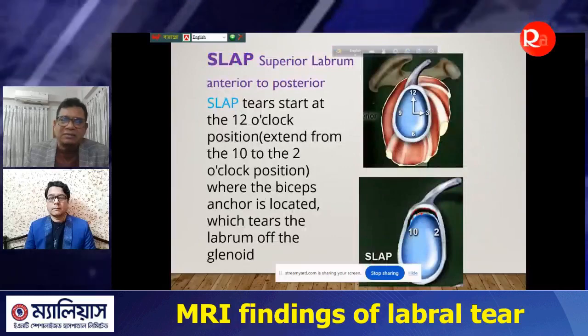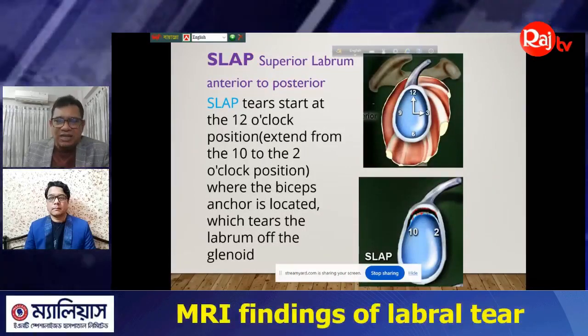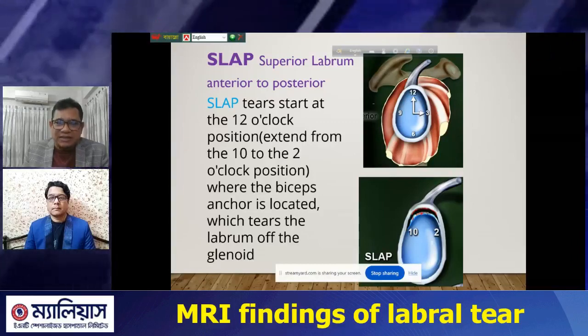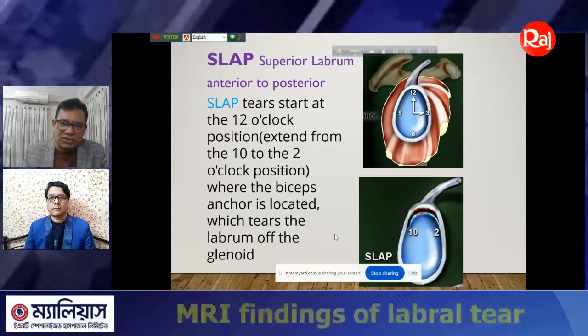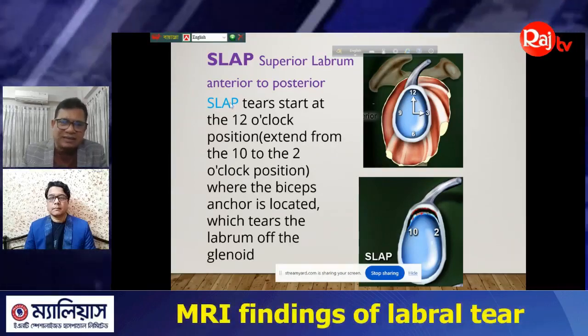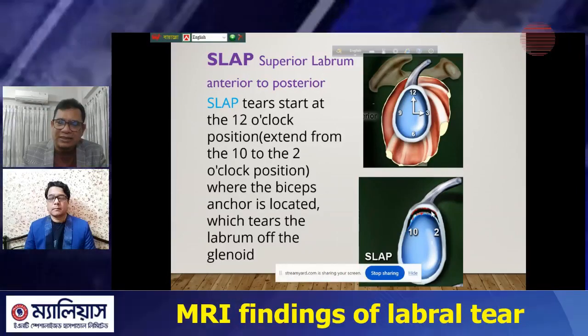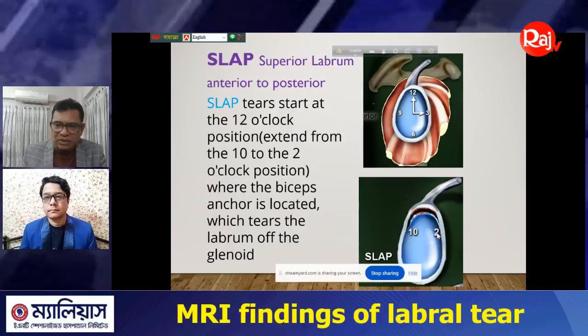At first, before going to the labral tear and MRI findings, we first discuss the SLAP tear. SLAP means superior labrum anterior to posterior. This SLAP tear starts at the 12 o'clock position and goes back to 10 and forward to 2.